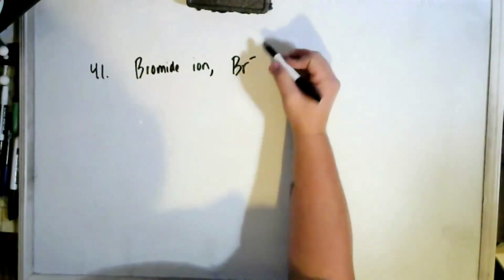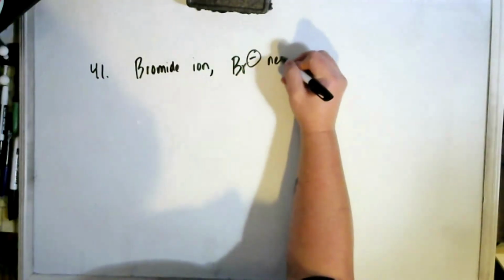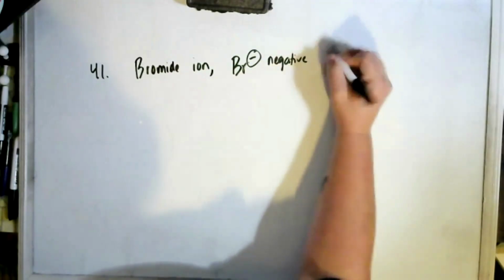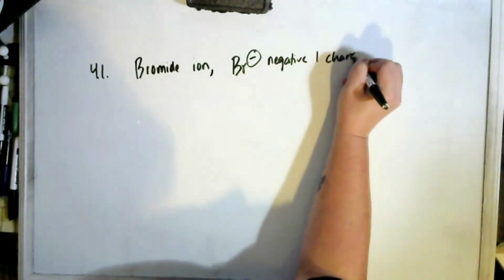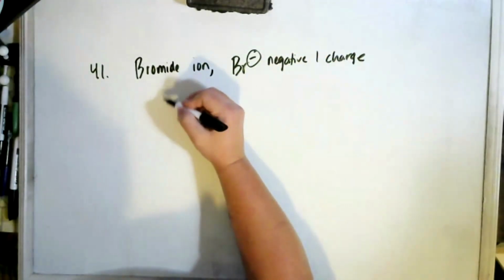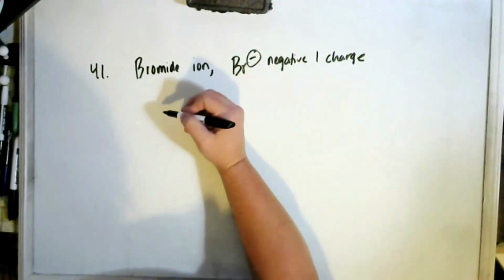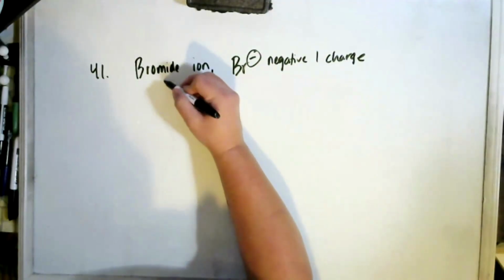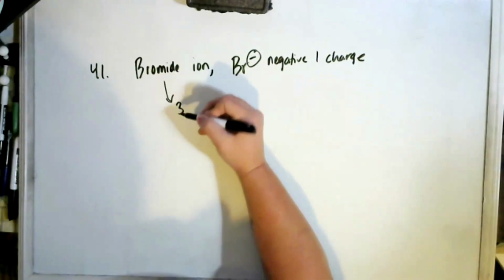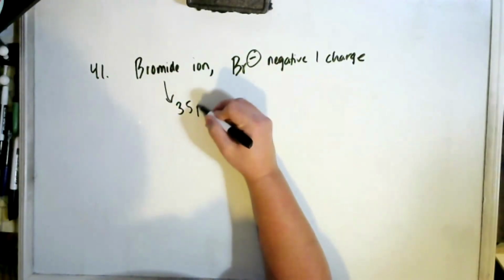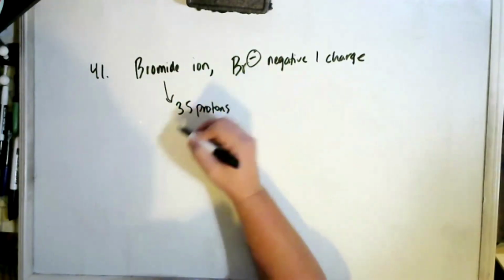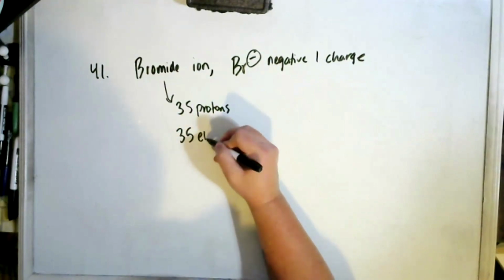Remember, that means that the bromine is going to have a -1 charge. All right, so you're going to look at your periodic table and you're going to find your bromine. Bromine starts out when it's neutral with 35 protons and 35 electrons.